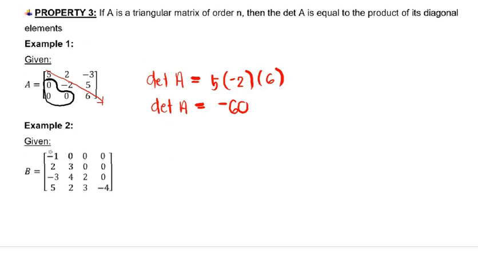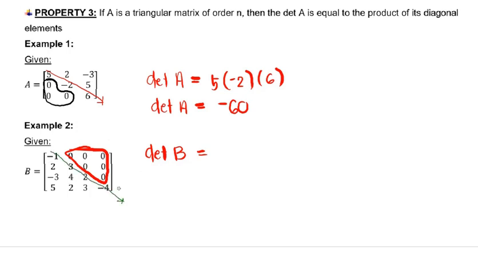So, we have here an example number 2. We have 0 yung elements natin sa taas ng ating diagonal elements. So, yung magiging determinant natin dito is just the product of its diagonal elements. So, determinant of B, so this is matrix B, that is equal to the product of this diagonal element.